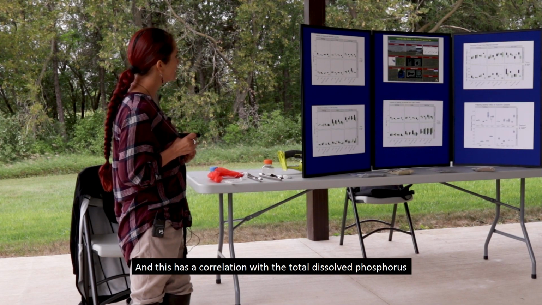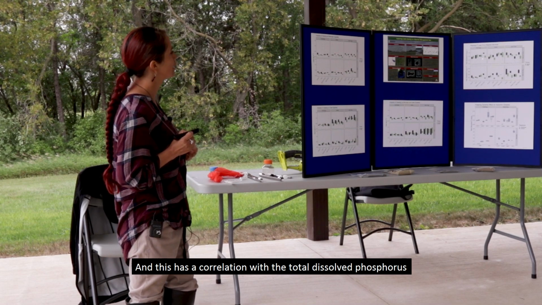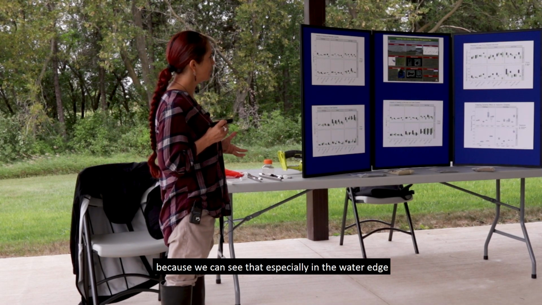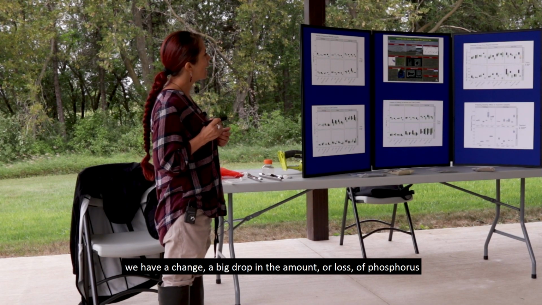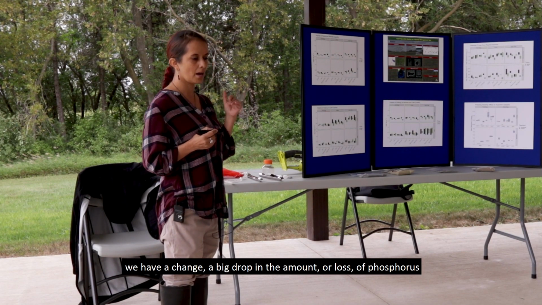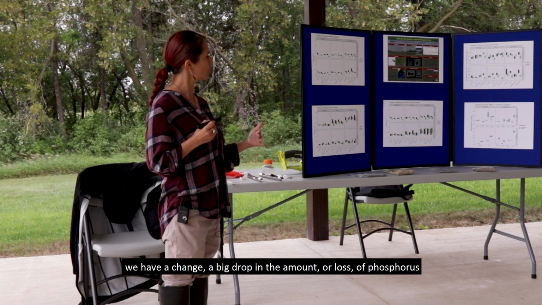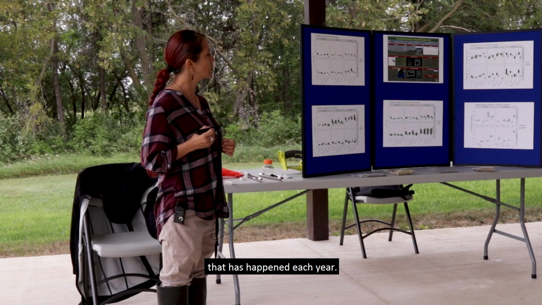And this has a correlation with the total dissolved phosphorus, because especially at the water edge we can see a big drop in the amount of phosphorus lost each year.